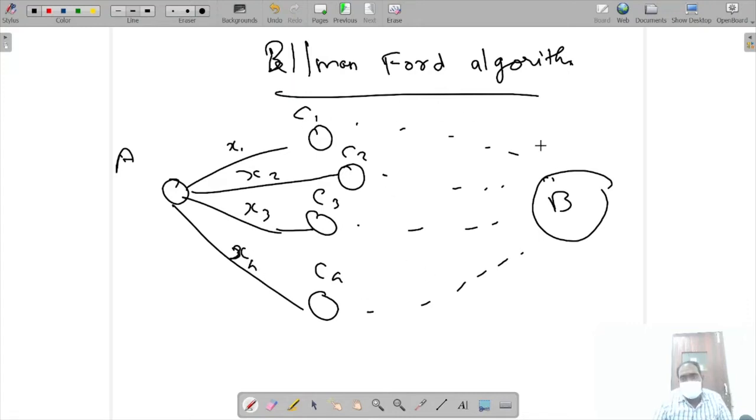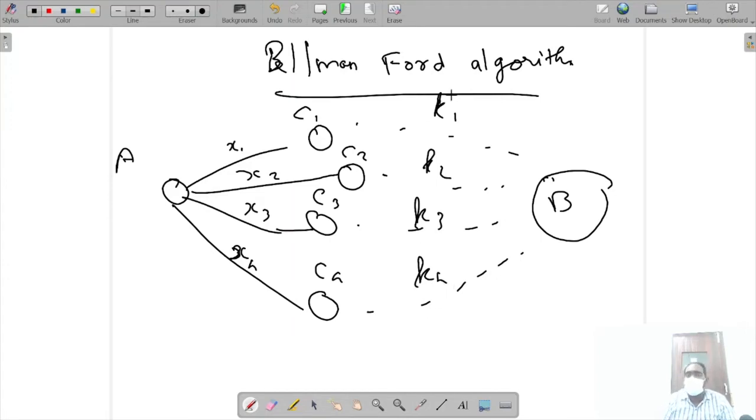And from C to B, we don't know how it does, but it somehow does it. So C says that from C to B the distance is let's say K1, this is K2, this is K3, this is K4.